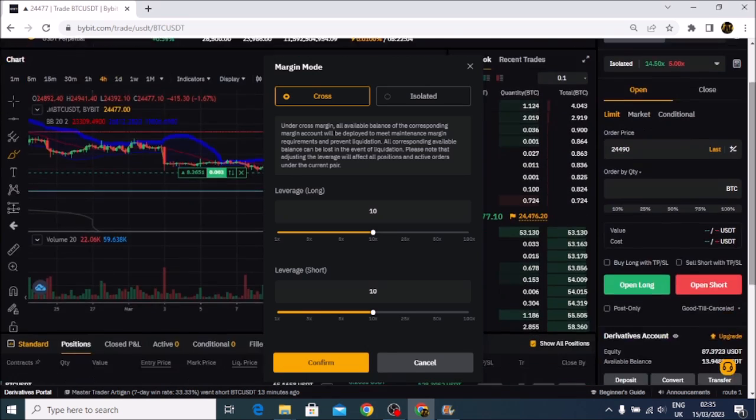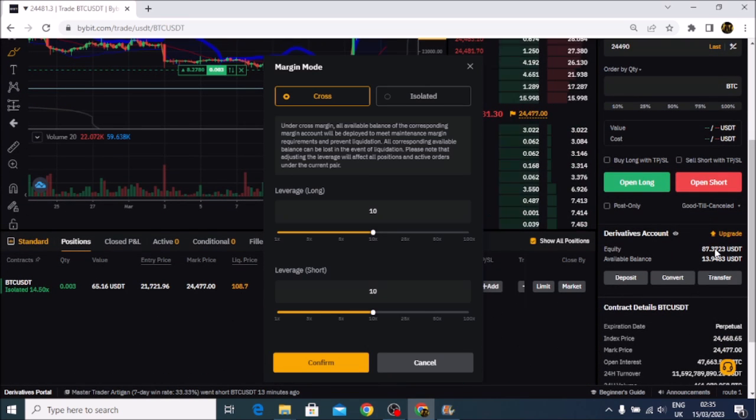With cross, let me say that on my account right now I have 87 US dollars. Once you make a trade using cross and it reaches the liquidation price, everything in that account will be liquidated automatically, and the liquidation price will be higher than for an isolated trade.